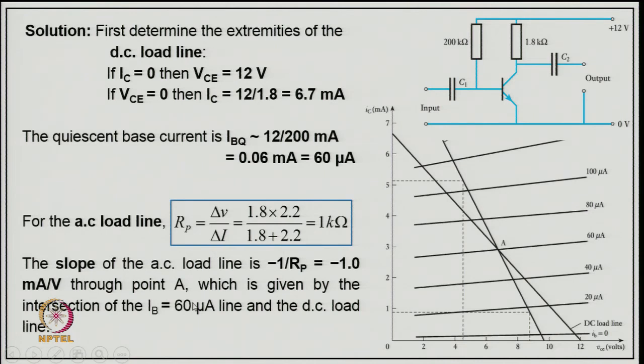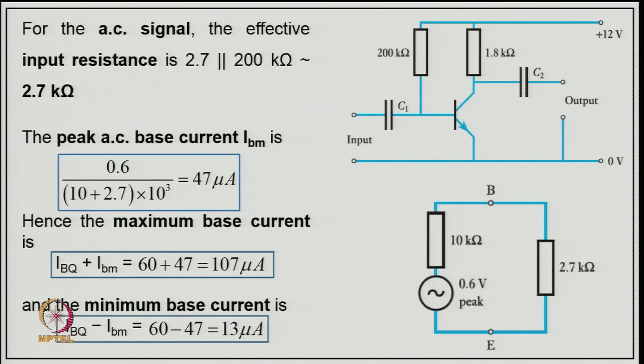through a point A, which is given by the intersection of the IB equal to 60 microampere line and the DC load line. For the AC signal, the effective input resistance is 2.7 kilo ohm in parallel with 200 kilo ohm, and that is about 2.7 kilo ohm, and the peak AC current will be 0.6 divided by (10 plus 2.7) into 10 power 3.